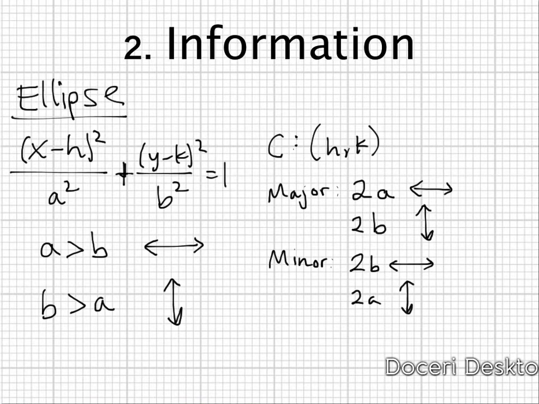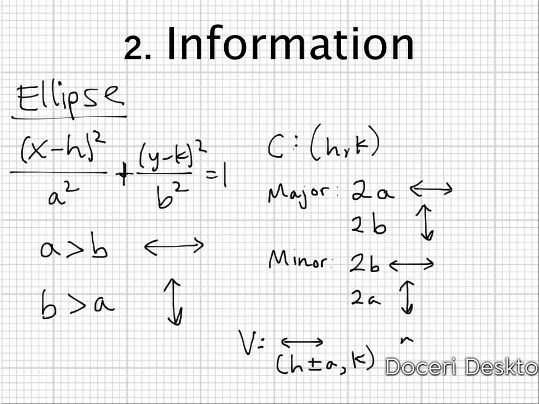So that means we can find where the ellipse crosses, the two points that we call the vertices. If it's left to right, you're affecting the x value. So we take our h from our center, and we add and subtract the a value, and our center's y value stays the same.